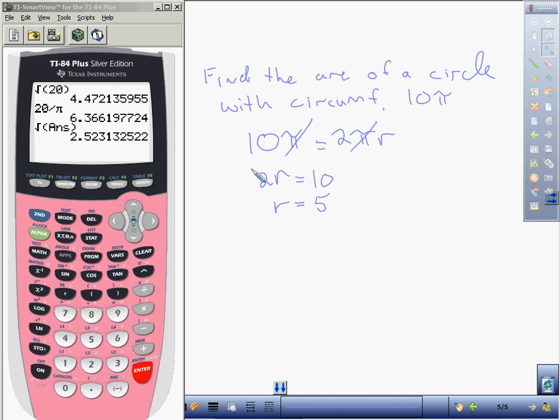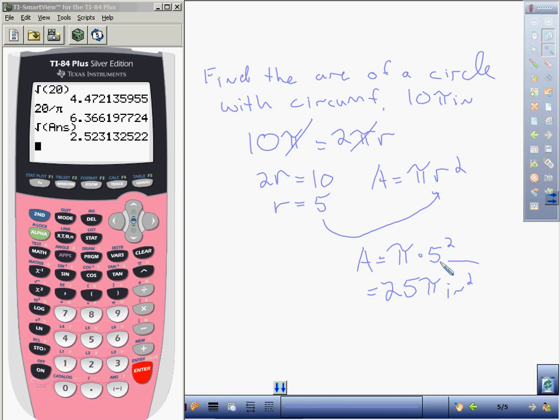So now what I need to do is plug into my area formula. Here I used the circumference formula. Now I know that area equals pi r squared. So I'm going to take that 5 and put it in here. So I have A equals pi times 5 squared, which is 25 pi. Okay, and let's say this is inches. So this would be inches squared.